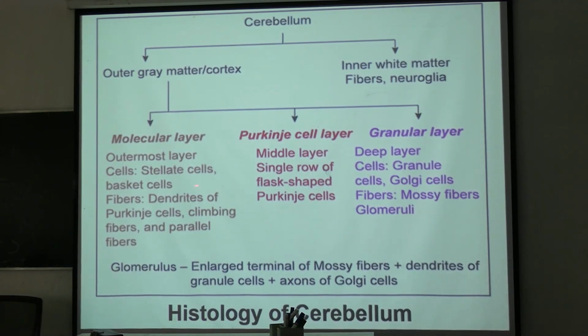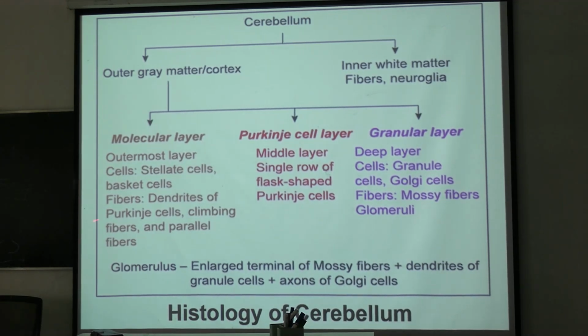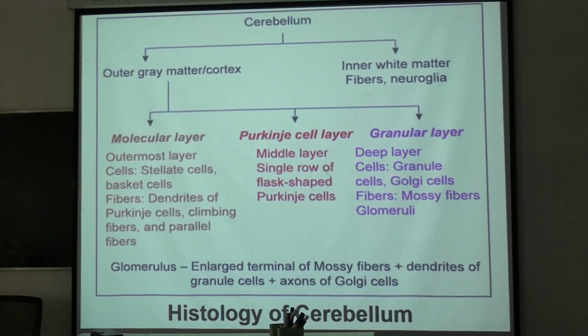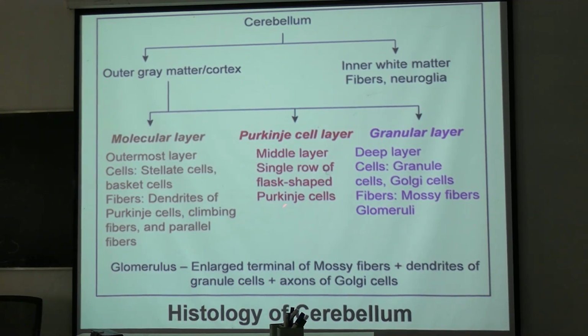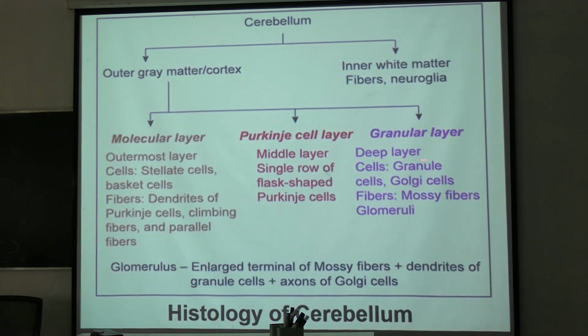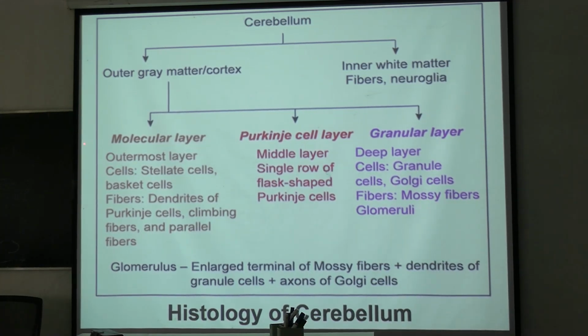Outermost layer cells are the stellate cells, basket cells, and fibers are the dendrites of the Purkinje cells, climbing fibers and parallel fibers. Purkinje cell layer is the middle layer, a single row of flask-shaped Purkinje cells is present here, and granular layer is the deep layer. Cells are the granule cells, Golgi cells, and fibers are the mossy fibers and the glomeruli. Okay, so these are the three layers.